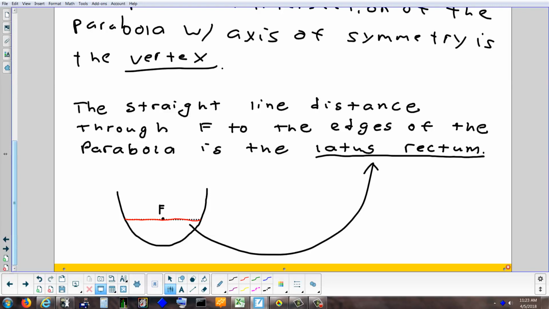This is probably the last time we'll mention anything about it. Okay, so any questions on those terms? Vertex, focus, directrix, line of symmetry, latus distance, a lot of different terms there.